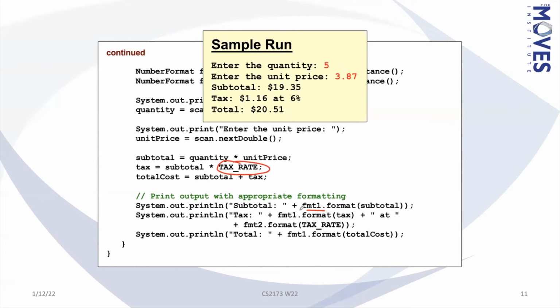Likewise, it formats the tax as a currency and then formats the tax rate as a percentage. Notice the value of tax rate, remember, was 0.06, but because it was formatted as a percentage, they multiplied it by 100 and added the little percent sign here. So that's what that formatting does.